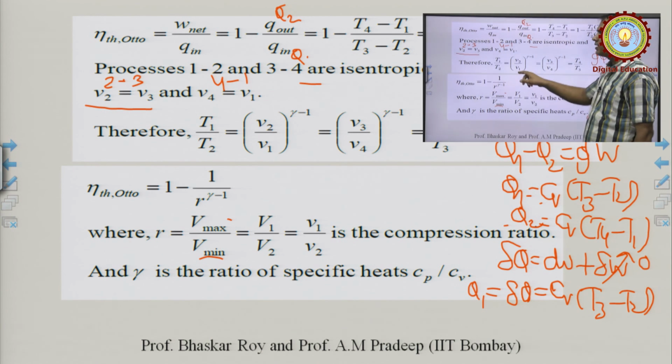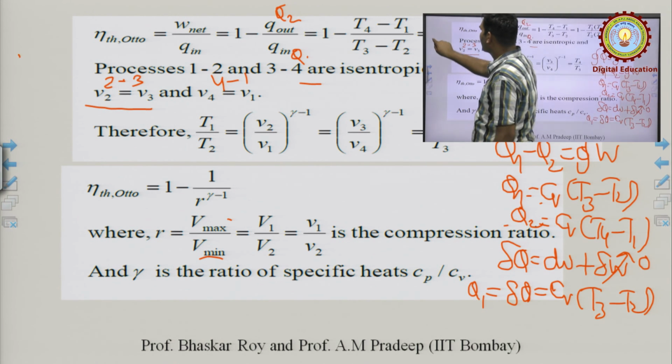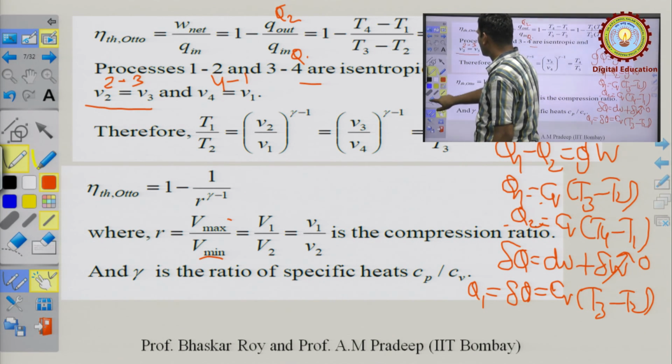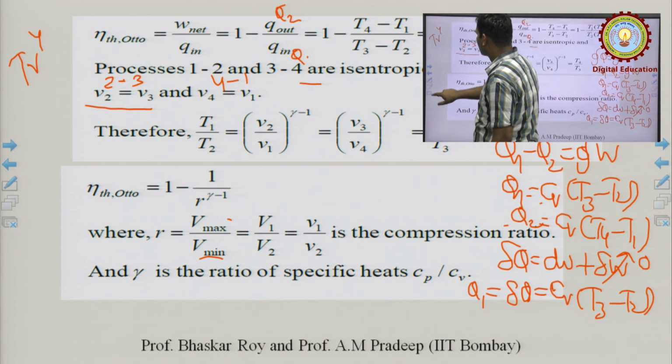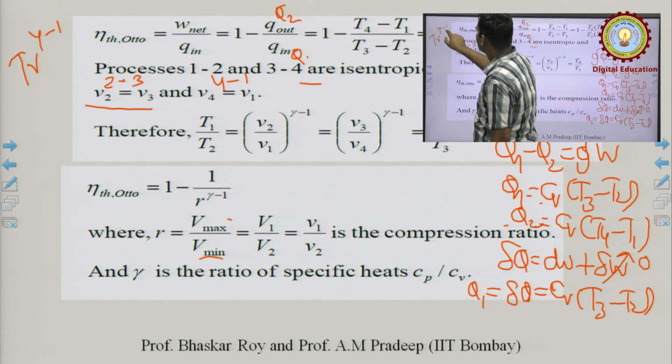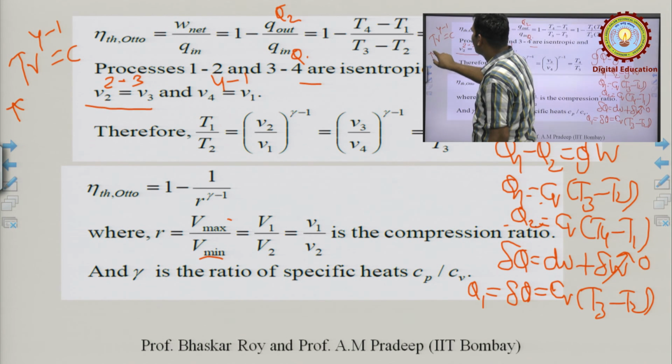Since in an isentropic process T V^(gamma minus 1) is constant, T1 V1^(gamma minus 1) is equal to T2 V2^(gamma minus 1).